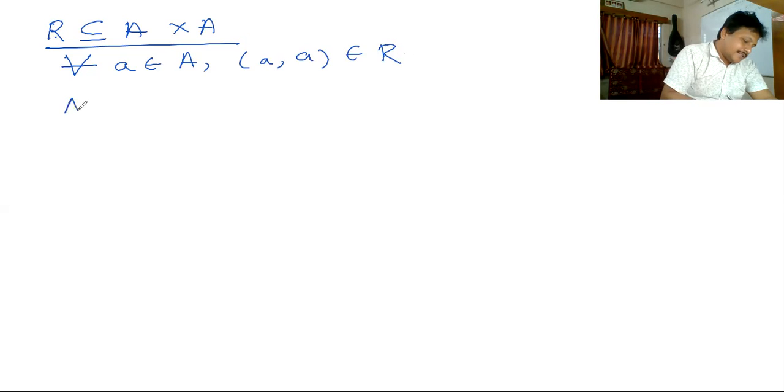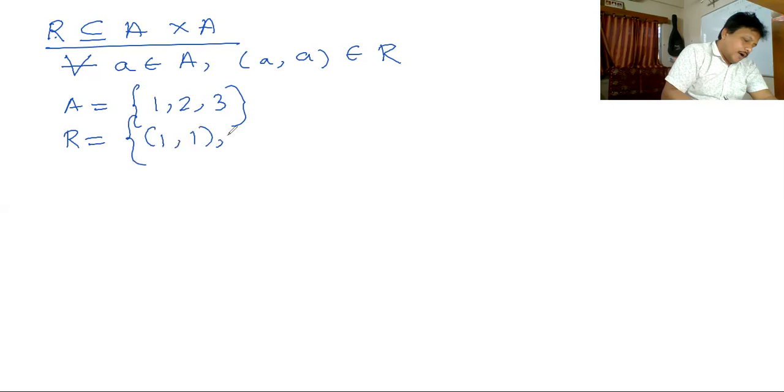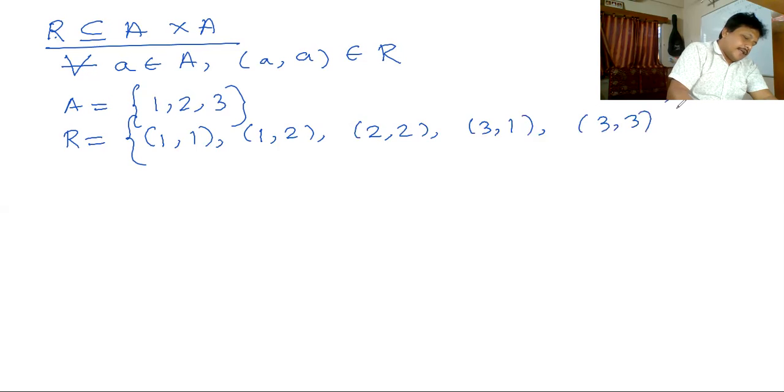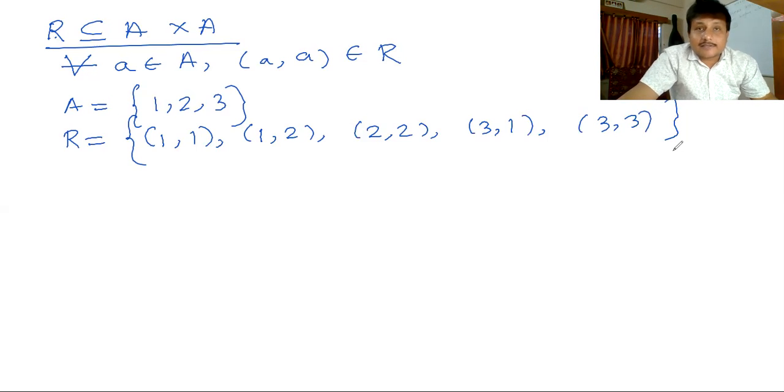Suppose that you consider A to be the set {1, 2, 3}. In that case, suppose R you take is {(1, 1), (1, 2), (2, 2), (3, 1), (3, 3)}. We shall check whether this relation is reflexive or not.